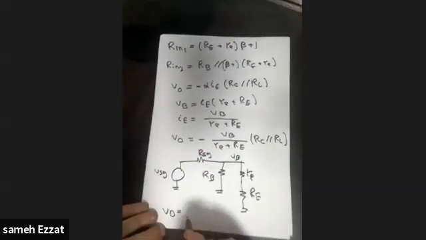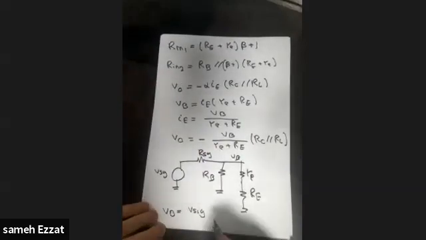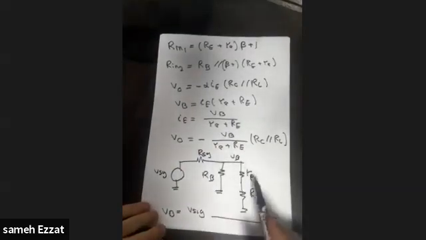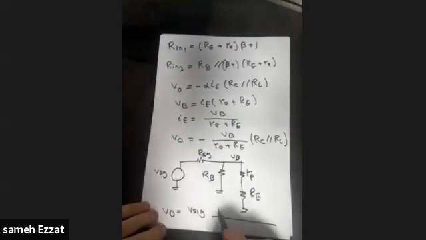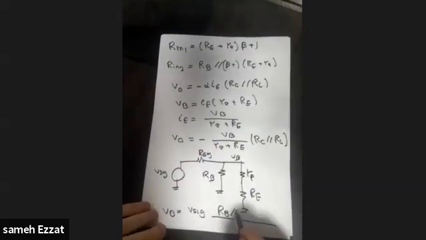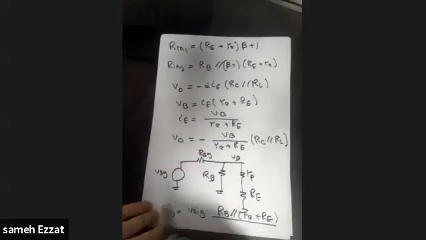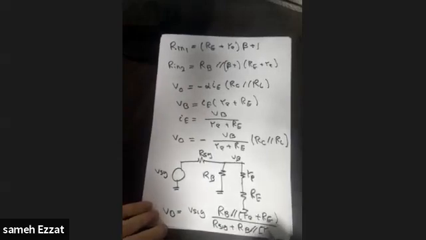So the voltage drop here, VP, equals V swing times this equivalent, which is RB parallel to re plus RE, over the summation of all resistance, which is R swing plus RB parallel with re plus RE.